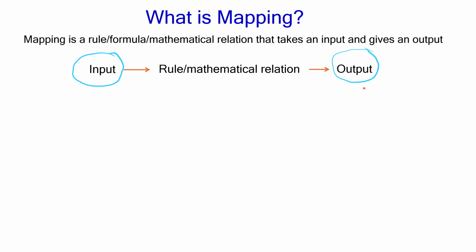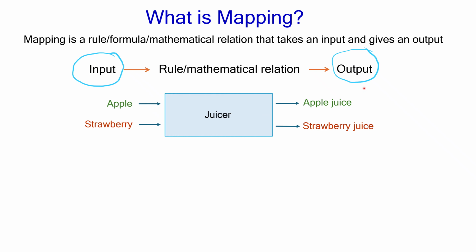Here input is always on the left side and output is on the right hand side. Let's try to consider this concept with the help of a juicer machine. The working of a juicer machine is to make juice. If we give apple to the juicer machine, we get apple juice. Here apple is the input and apple juice is the output.